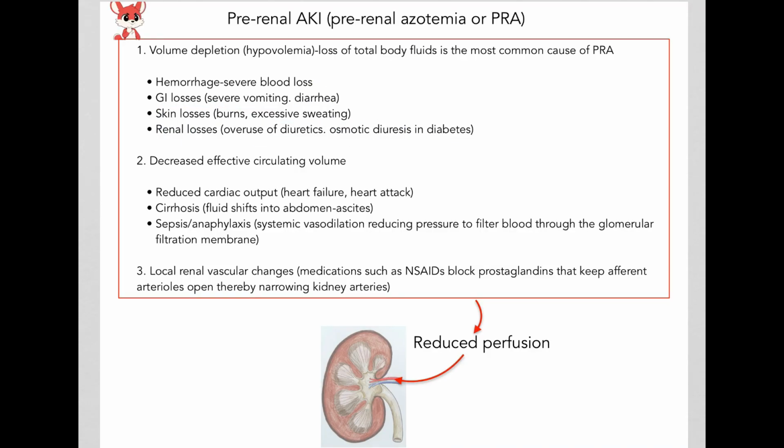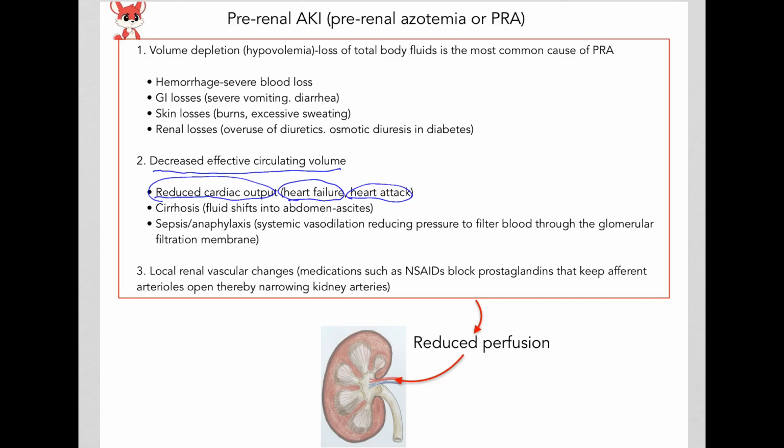Another reason for pre-renal AKI is decreased effective circulating volume. For example, when the heart is not functioning properly, as in heart failure or myocardial infarction, a heart attack, there is a reduced cardiac output.